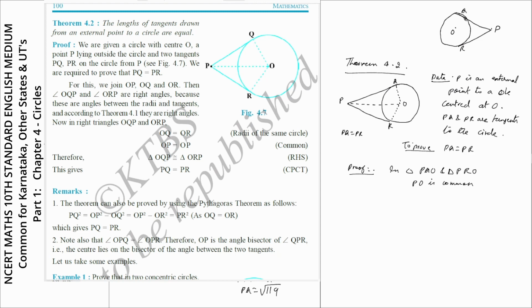So side PO is common to both the triangles, and angle Q is equal to angle R. See, any tangent makes an angle of 90 degrees at the point of contact, right? So this is 90, this is 90, and OR is equal to OQ. They are radii.